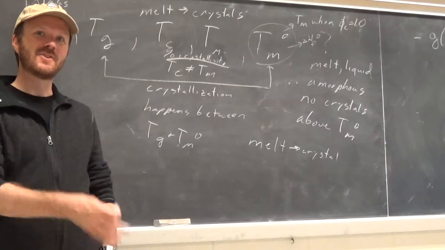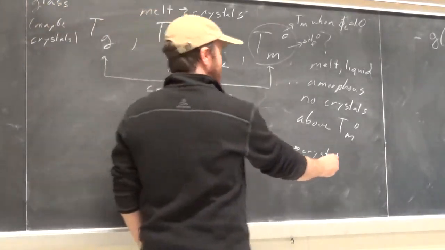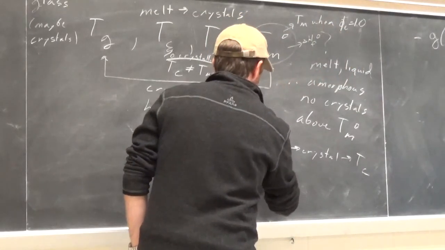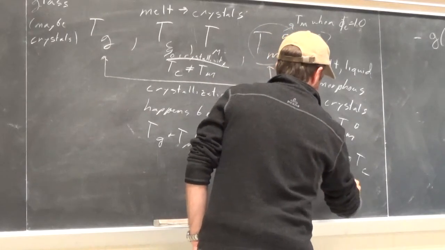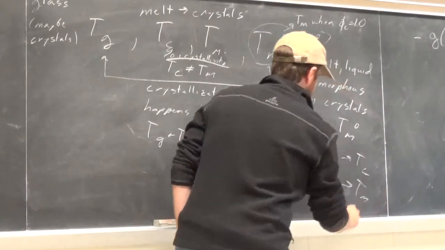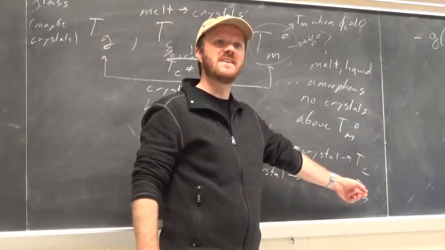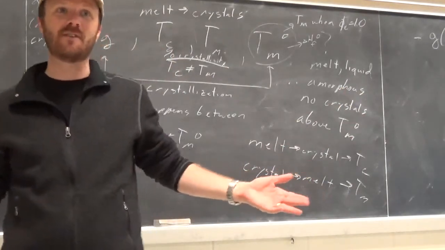So you form crystals first, then you melt them. So when we go from melt to crystal, that's a TC. When we go from crystal to melt, that's a TM. So you always need to make some crystals at a TC first, and then you get a TM, right? If you don't have any crystals, there is no TM because there's nothing to melt.